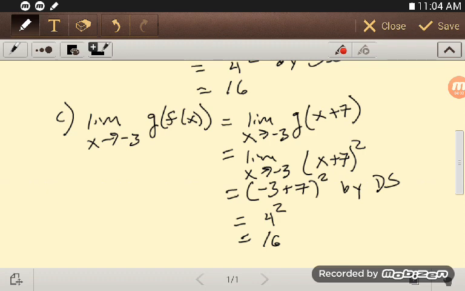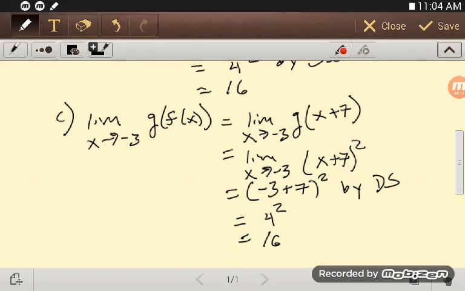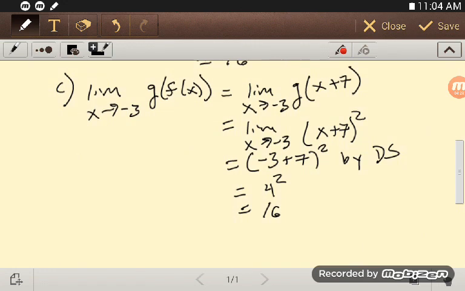Okay, so we can do it that way, but we can also use our theorem, in which case we have the limit as x goes to -3 of g of f of x.